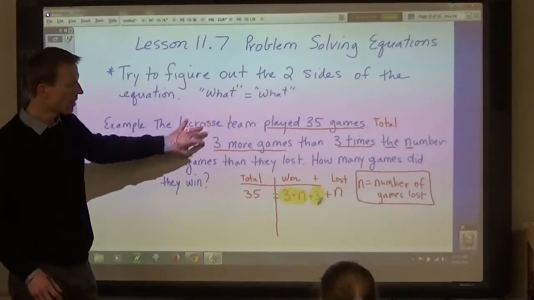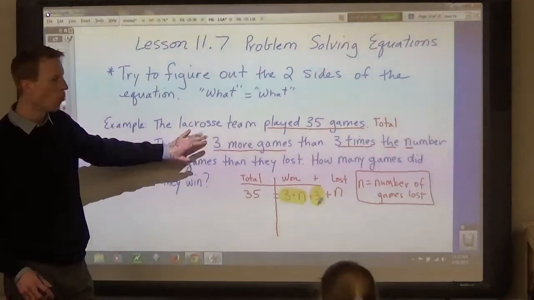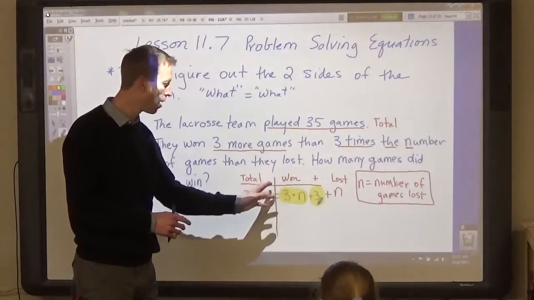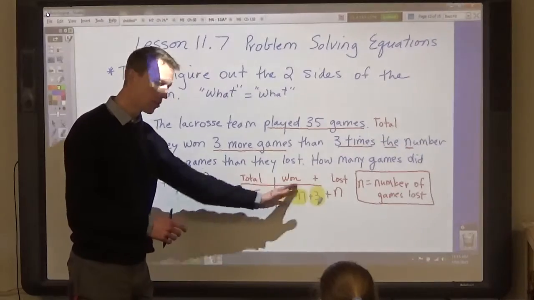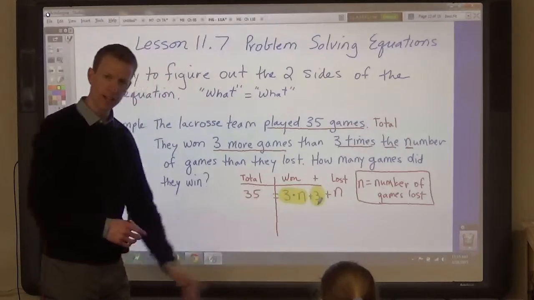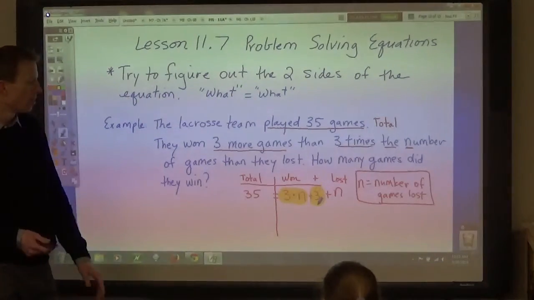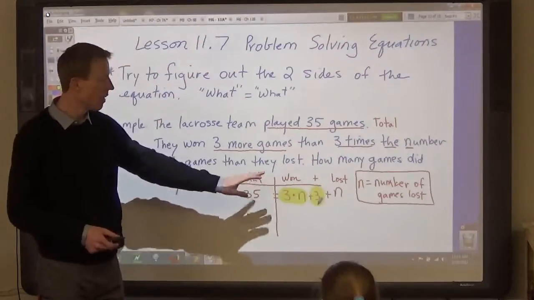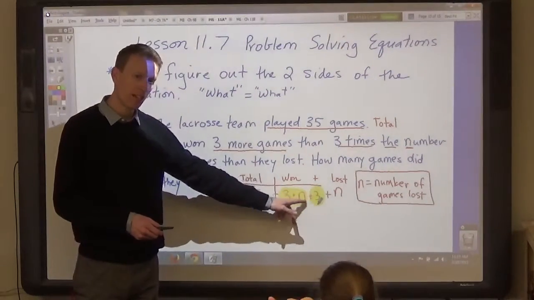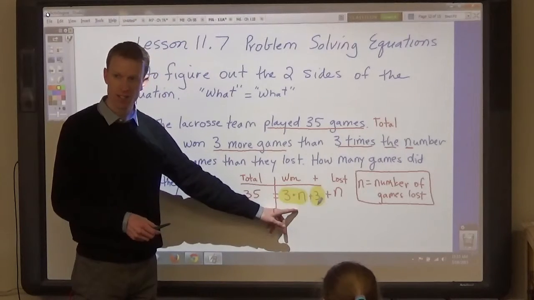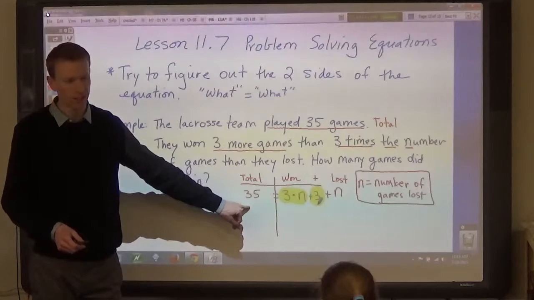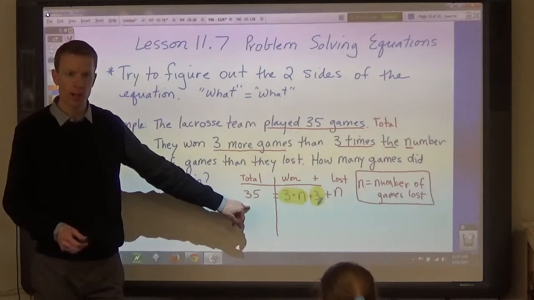In a question like this, when you draw this as a chart, see how I have it set up kind of like a chart? You know that the total will equal the wins plus the losses. And then if you can figure out the expression for the number of wins and losses, because we know what the total is, then you can find an equation.